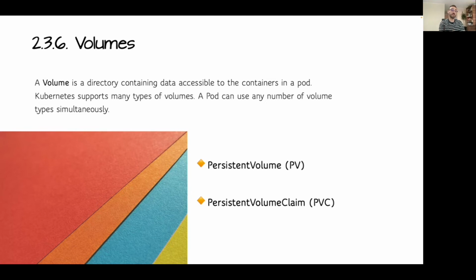Let's see what a persistent volume is. This is the actual storage element in the cluster, and it's usually defined manually by the administrator. And this persistent volume has its own life cycle. It's separate from the pod life cycle.